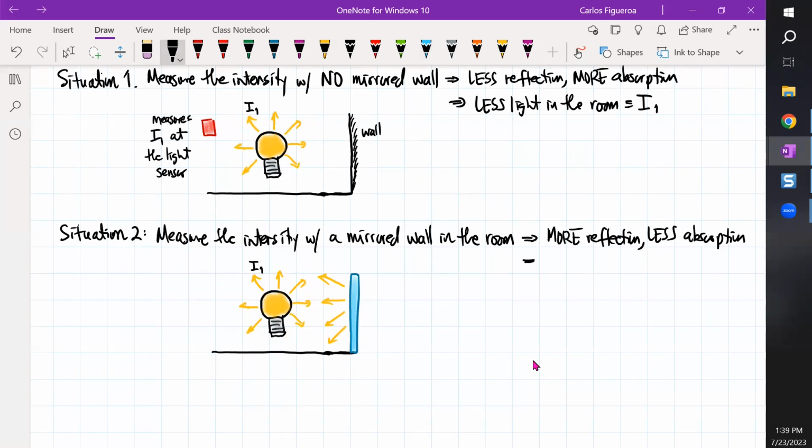Therefore, I'm going to have more light in the room.